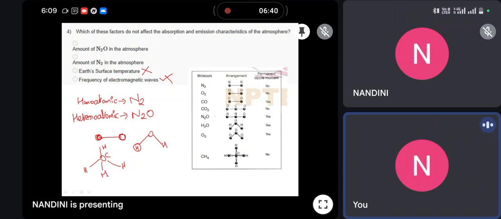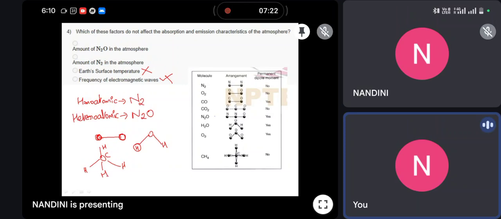Generally this is seen in heteroatomic molecules, like N2O, H2O, ozone, CO2, etc. Based on their charge distribution, a molecule may have charge asymmetry or symmetry. Some heteroatomic molecules like H2O, ozone, and N2O have a permanent dipole moment.